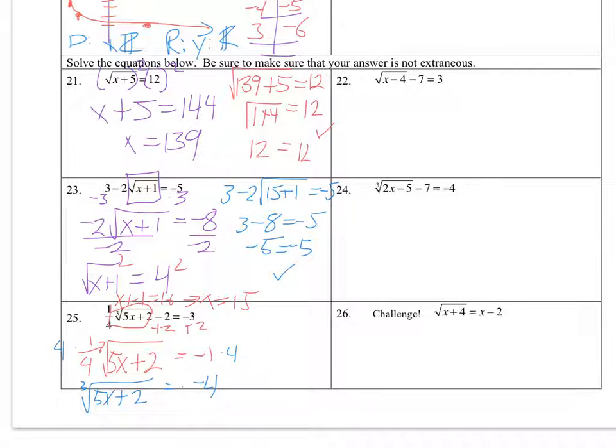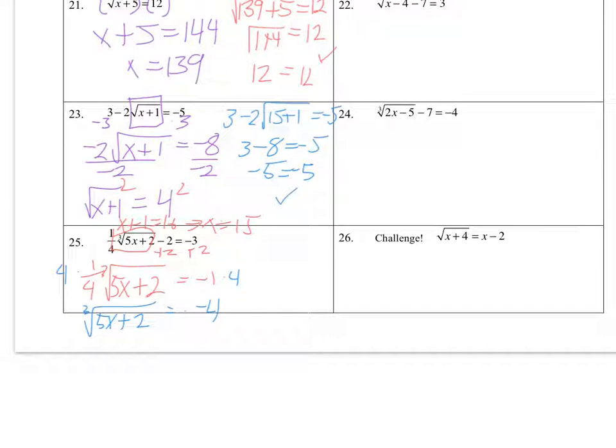I'm going to cube both sides, and in doing that, we get 5x plus 2 is equal to negative 64. Minus 2 from both sides, we get 5x is equal to negative 66. And when I divide both sides by 5, we get x is equal to negative 66 over 5.